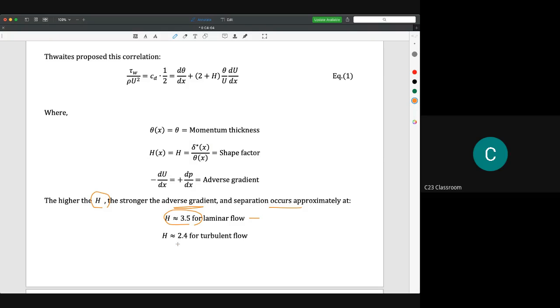For turbulent flow, when H is almost 2.4, separation will occur. So we are still in a laminar condition, and later on in chapters 5 and 6 we will evaluate the turbulent flow.